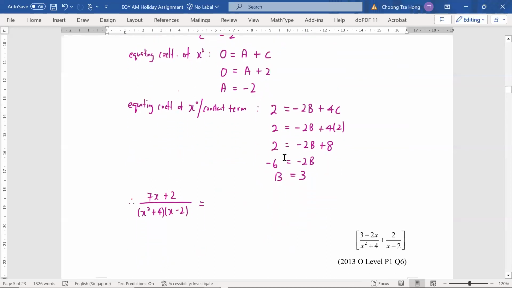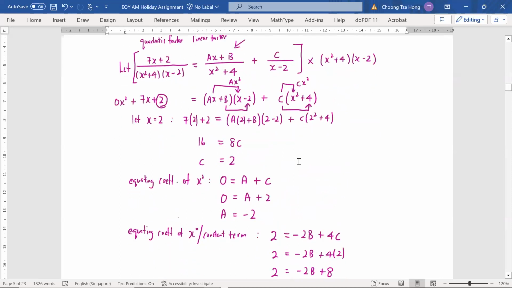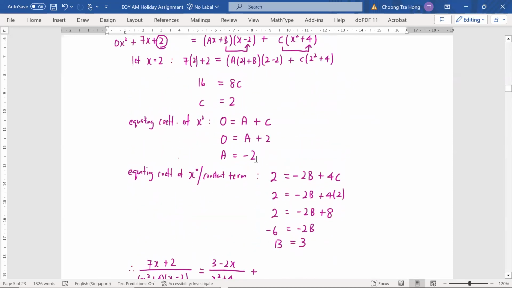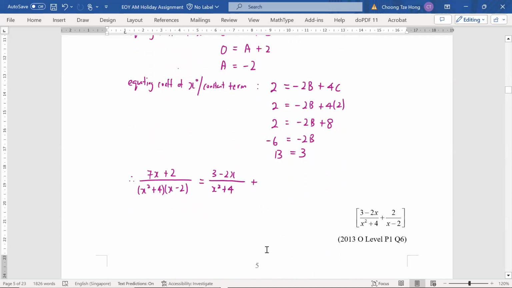So instead of writing minus 2x plus 3, I will write 3 minus 2x. So that's how you get your 3 minus 2x over x squared plus 4. Then c is 2, so it will be just 2 over x minus 2. Right, so this is the solution for this particular question.